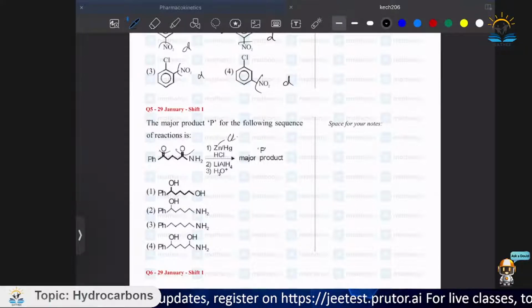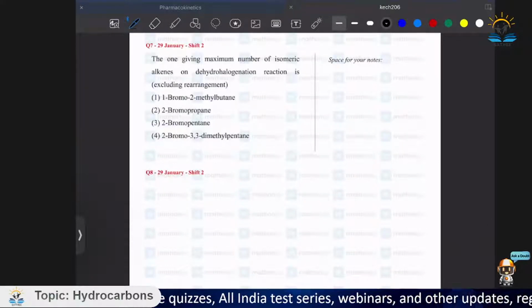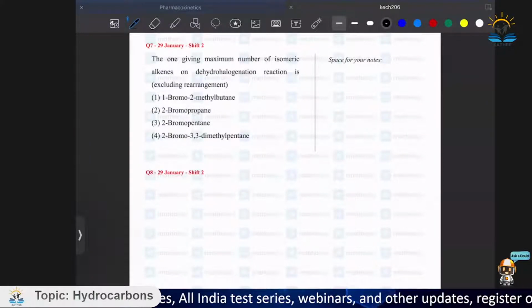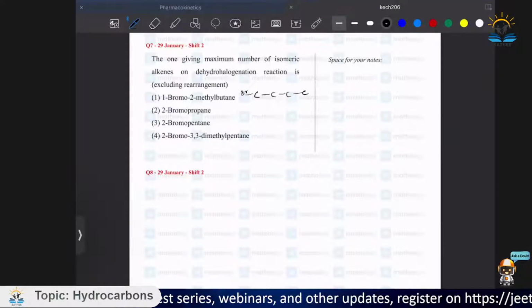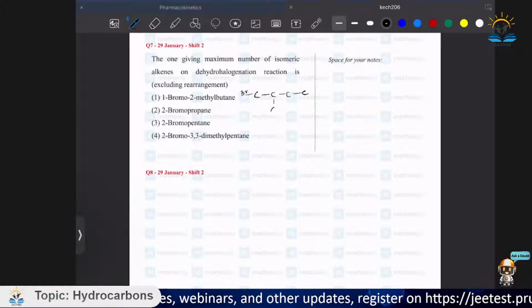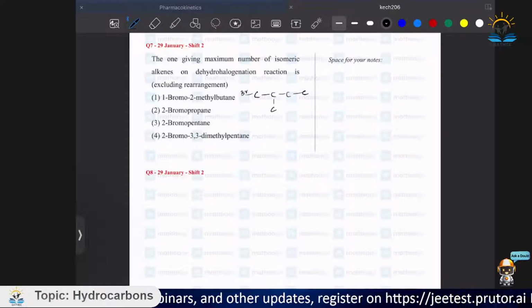The one giving maximum number of isomeric alkenes on dehydrohalogenation reaction is. So for this, we have to consider rearrangement. You need to find the maximum number of isomeric alkenes. 1-bromo-2-methylbutane. Draw the structure. 2-bromopropane.